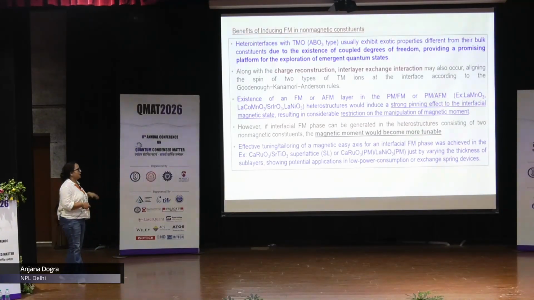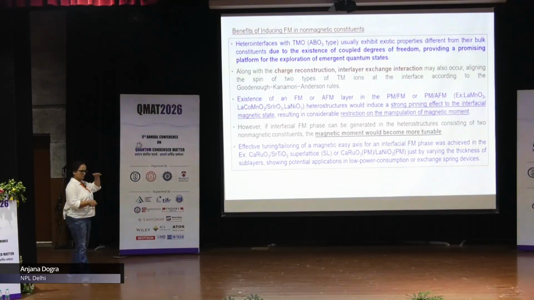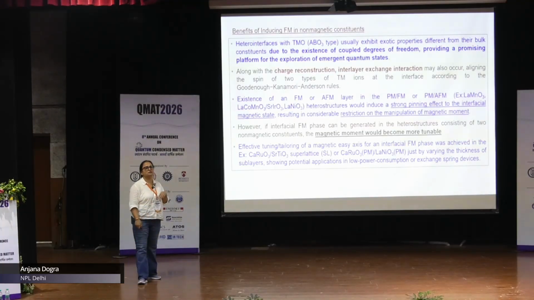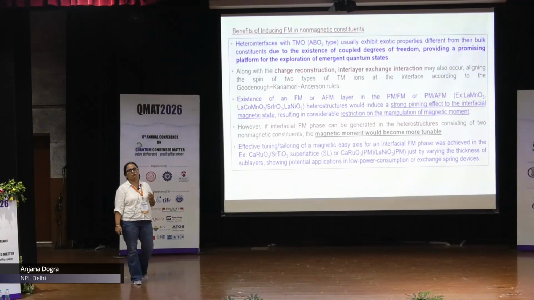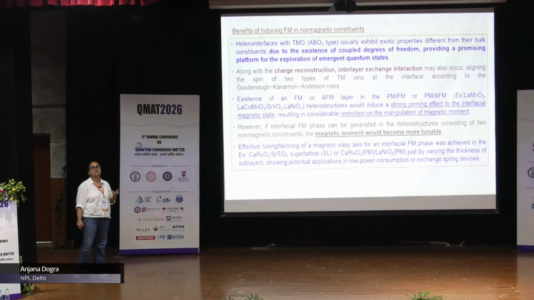But the issue with such superlattices or interfaces is that they induce a strong pinning effect at the interfacial magnetic states. So you cannot manipulate the magnetic moment, and if you cannot manipulate the magnetic moment, there is a restriction for applications.